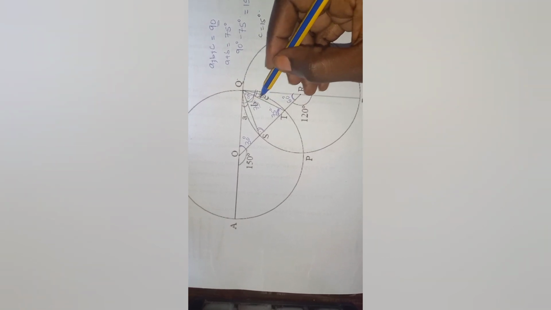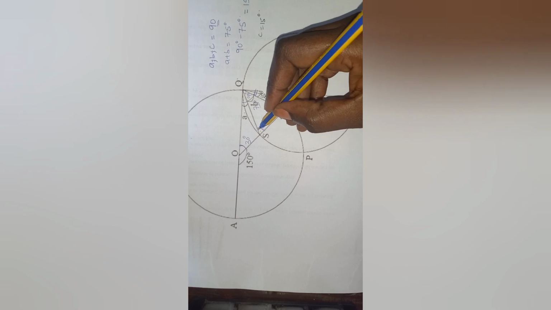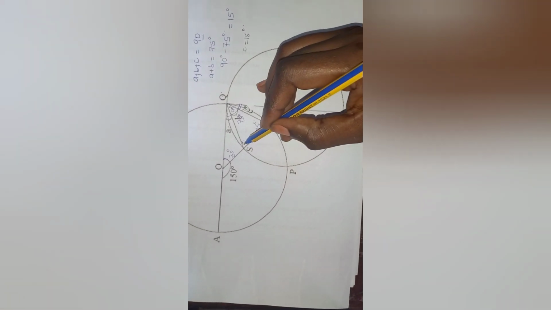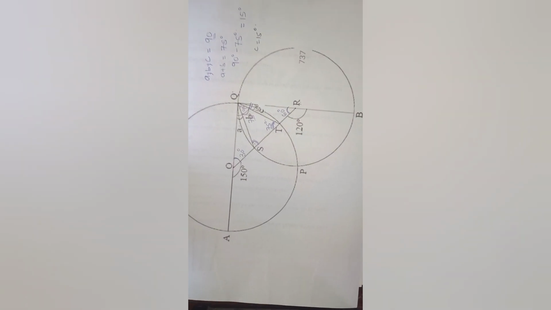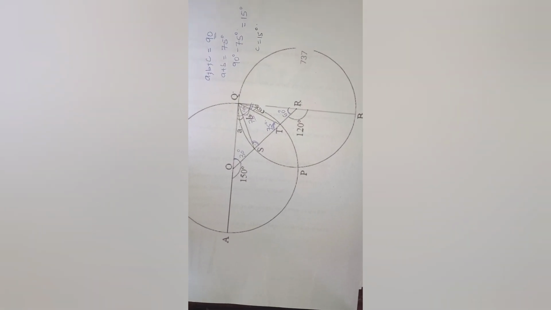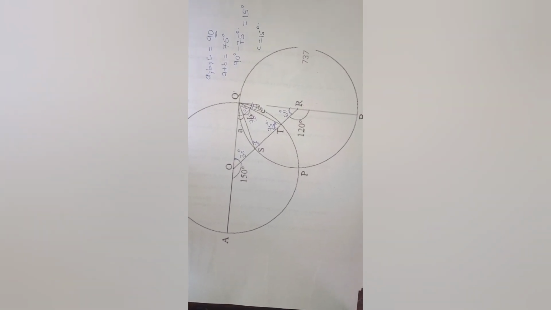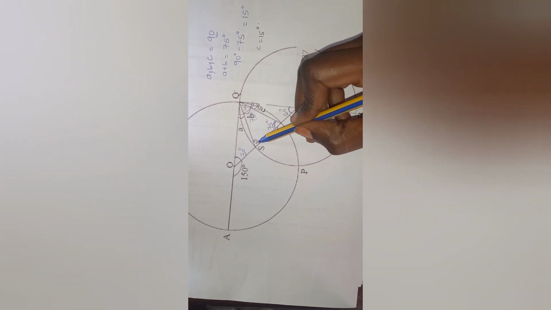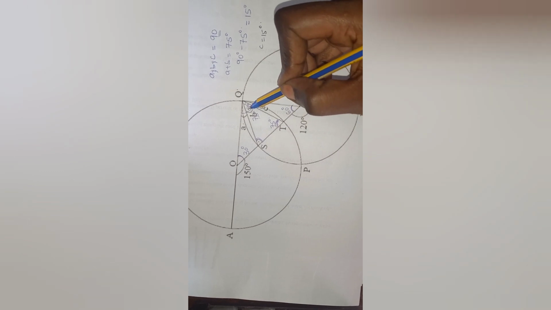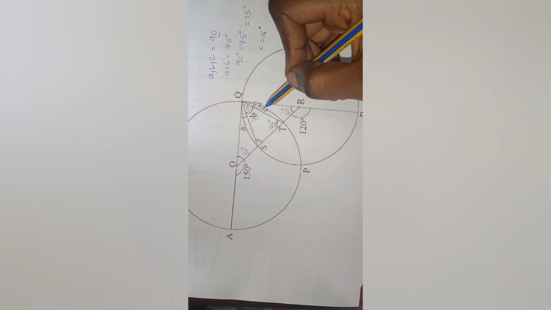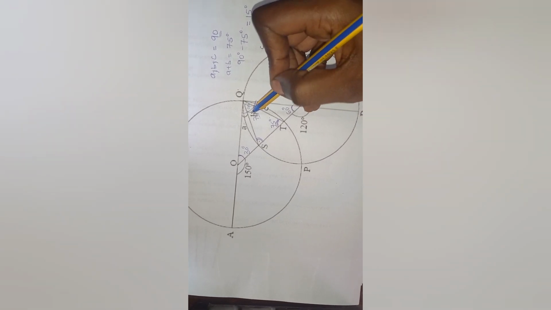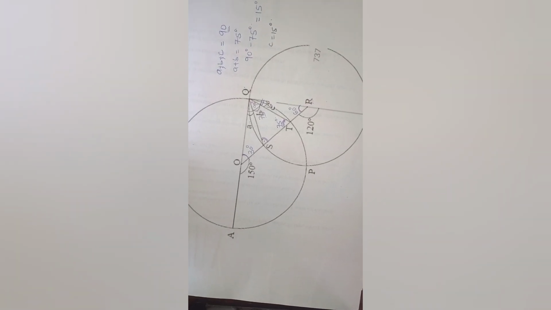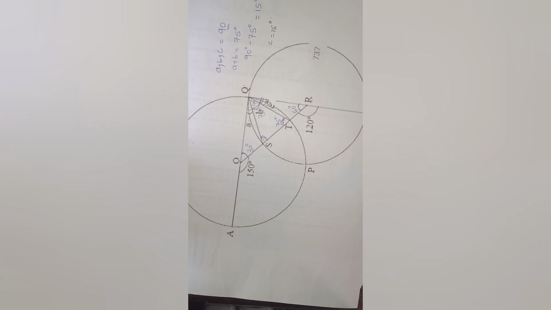So C plus B will be equal to this angle at S. So where will we get this angle at S? We'll take 180 minus 60, then that one will get 120. 120 will be this angle at S plus this angle B plus C. So we'll take that 120, we divide by 2.